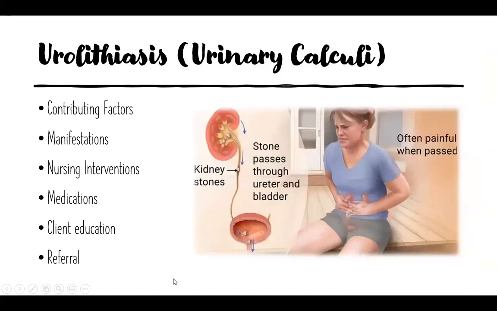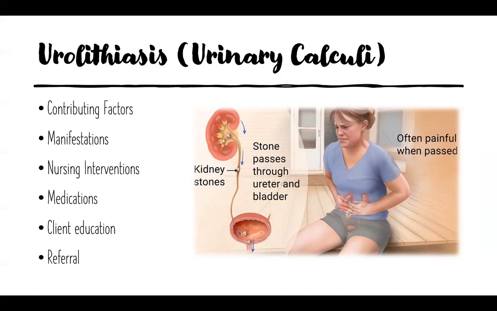Okay, we're going to now go to urolithiasis or urinary calculi. So these are stones. Whenever you see lithiasis, they're stones. And we have stones in the urinary system that can be in the kidneys, the ureter, the bladder, or the urethra.